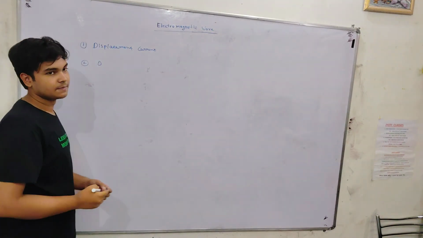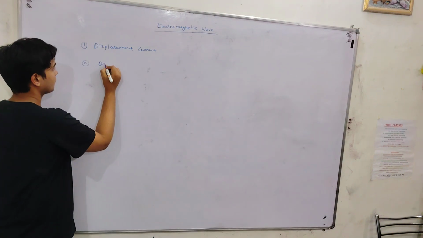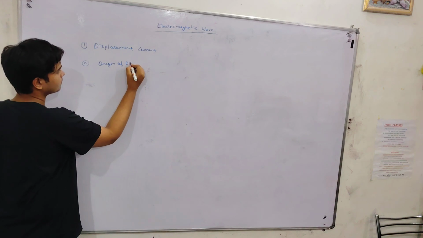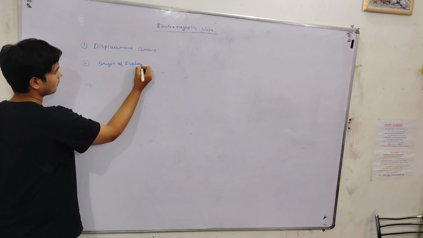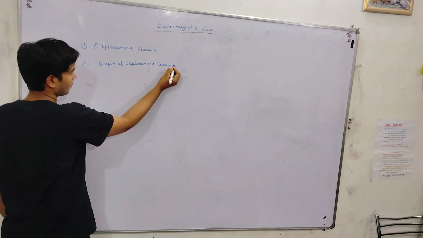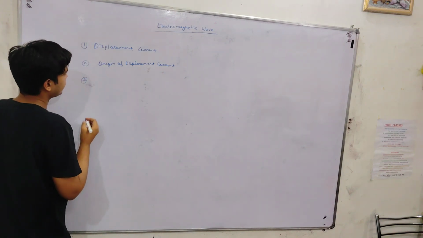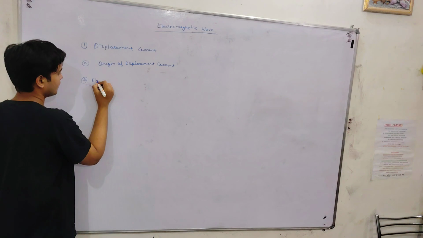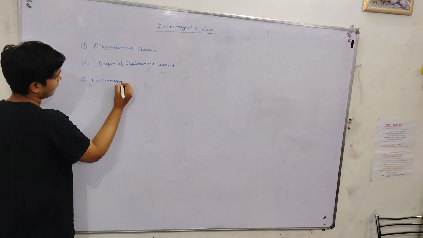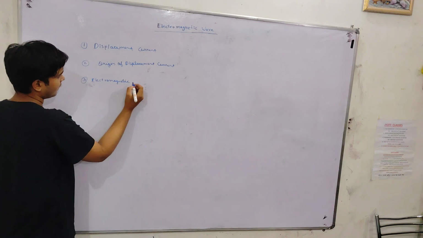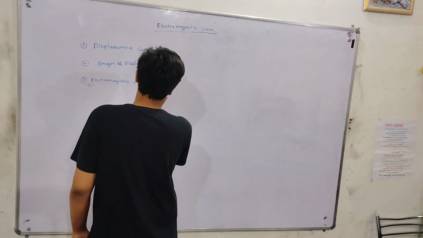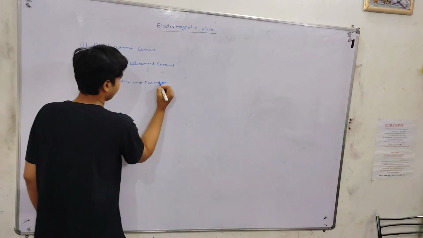How is the displacement current formed? Third, what is electromagnetic wave, and its formation? How is it formed? Formation of electromagnetic wave.